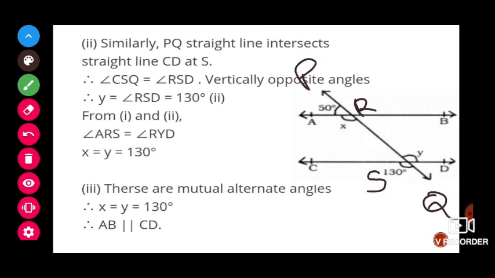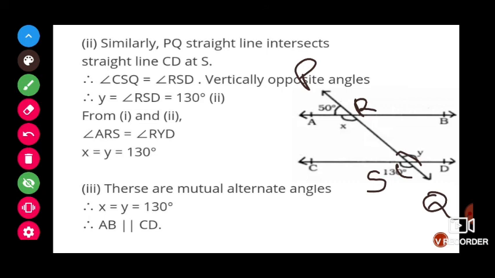Let's take PQ as a straight line. The point where it touches the two other lines is S and R. Then this angle CSQ is equal to the opposite angle RSD, that is y. So from here, y is equal to 130 degrees.